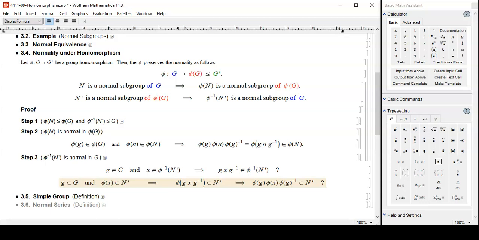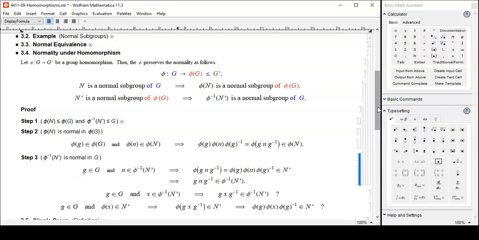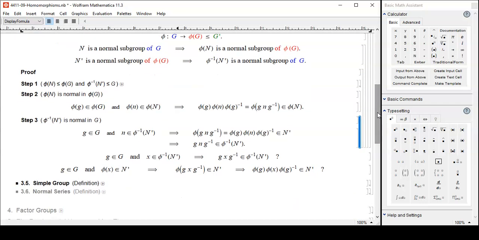Now, does it look better? Yes, indeed. We can prove it easily. Use the property of the homomorphism, and use the fact this is normal, then you can prove that the preimage is normal. The conjugation belongs to preimage too.